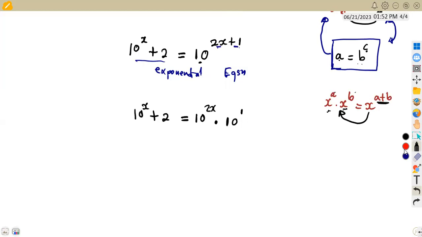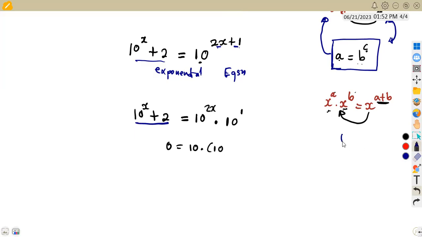Let me just transpose these terms to the right-hand side, so I'm going to have 0 is equal to 10 to the exponent of 2x multiplied by 10 to the exponent of 1. 10 to the exponent of 1 is the same as 10. So this is 10 times 10 to the exponent of 2x.